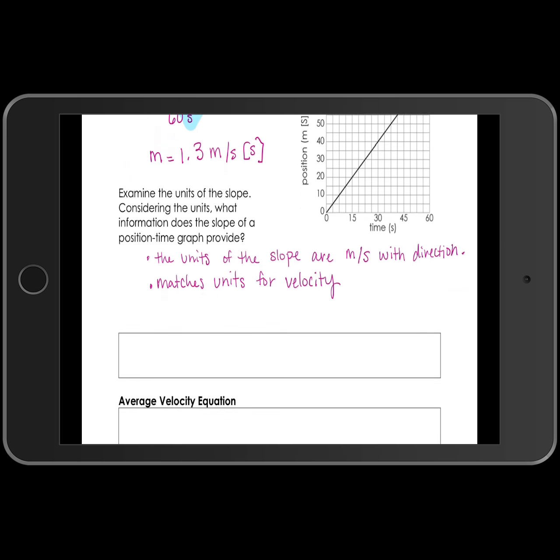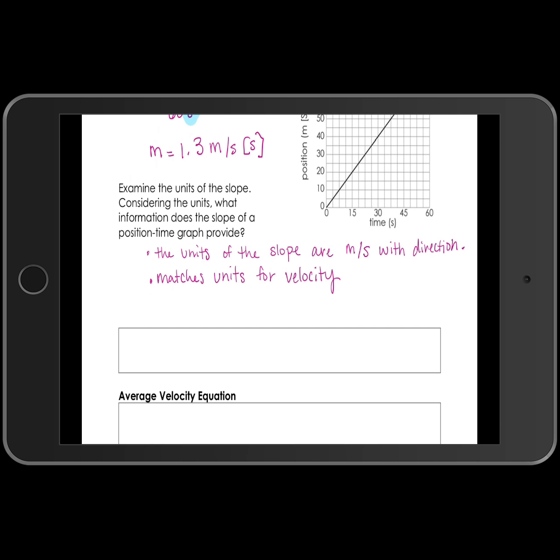Based on this, we can state that the slope of a position versus time graph gives velocity.